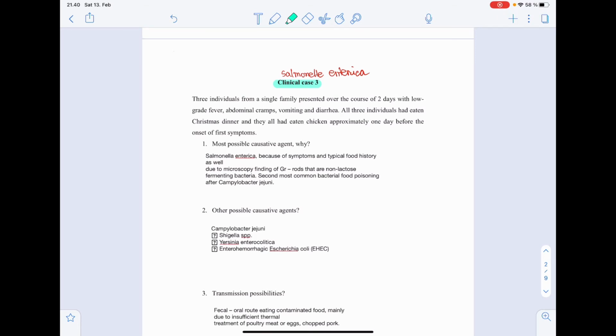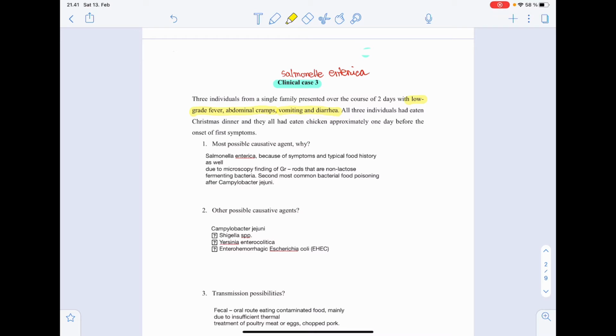Here, if you just pause the video and read the case, you can see that the patient has a really low grade fever, abdominal cramps, vomiting and diarrhea. As I have said, I have written a table about the clinical symptoms of each bacteria.